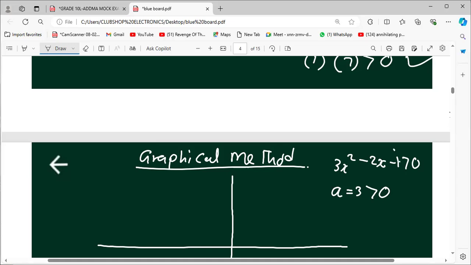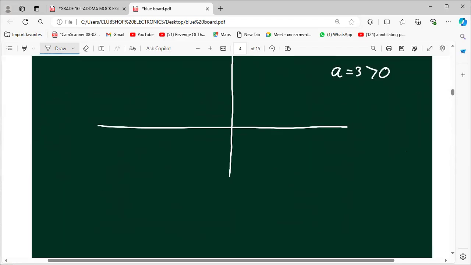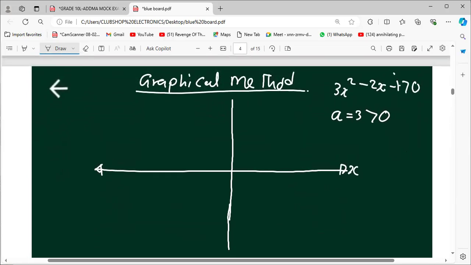If we were to sketch it, you are going to have something like this. It's just a sketch, maybe something like this.